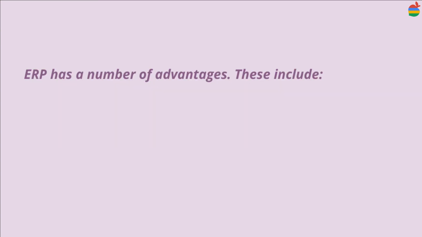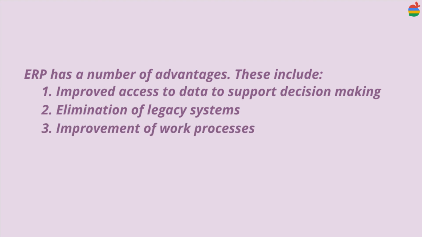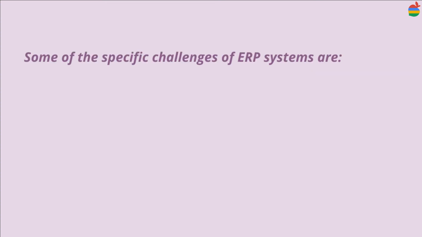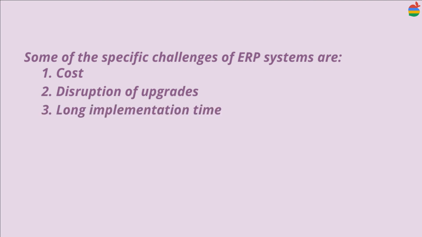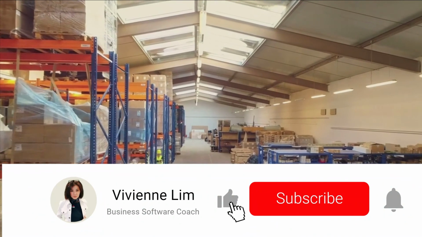Some of the advantages of ERP are improved access to data to support decision making, elimination of legacy systems, improvement of work processes, and upgraded technology and infrastructure. Some of the challenges of ERP are cost, disruption of upgrade, long implementation time, difficulty in managing change, software customization, and user frustration.